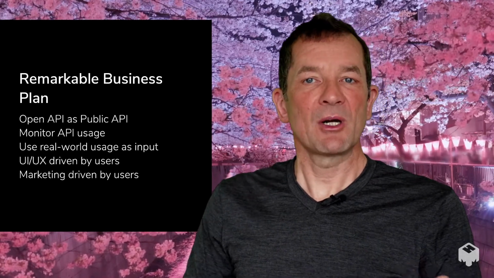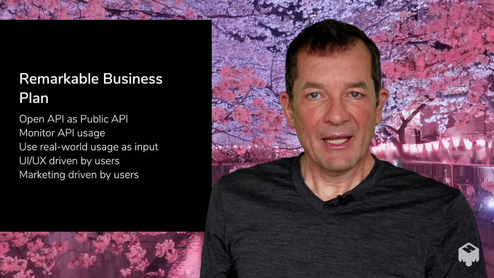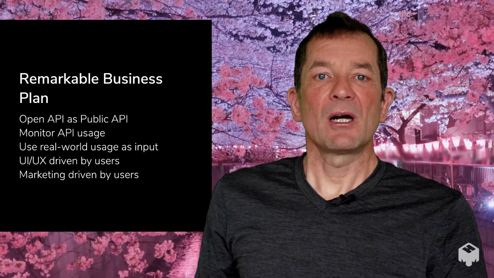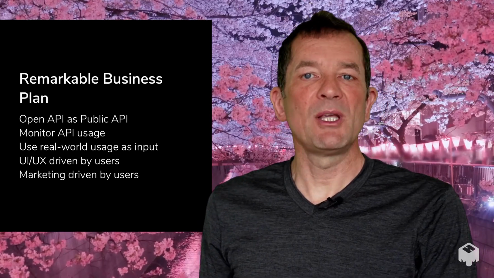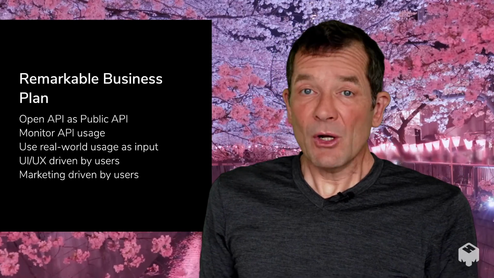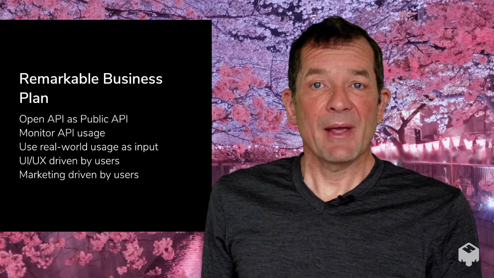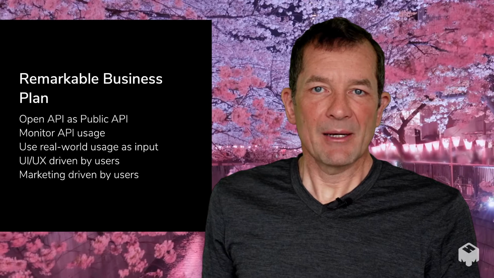So if Remarkable did that, now they could watch what kind of applications are using our API. What are people doing with it? What kind of scenarios do people use our tablets for the most? This would also give them really great feedback on their user population, which I'm sure right now they might not have that much, right?